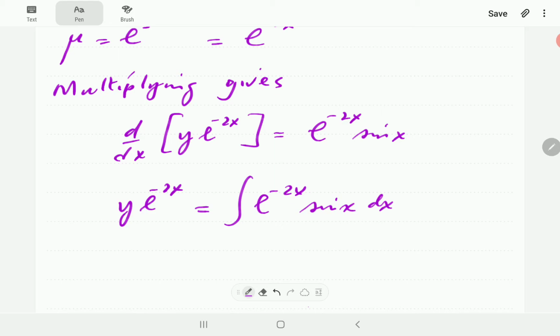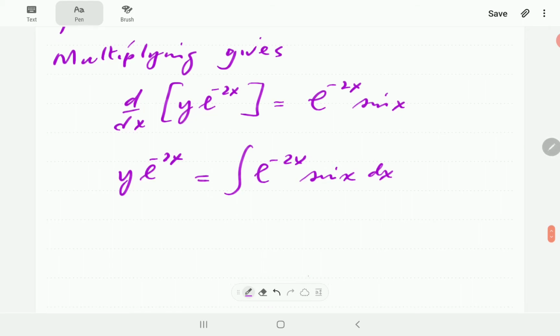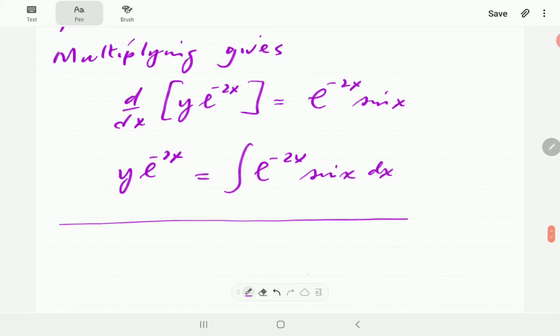Now this integral, if you check our video on integration by parts, you'll find that we suggest that if it's an integral of an exponential times a trigonometric function, sine or cosine, then what you do is you integrate by parts twice and then you turn it inside out.